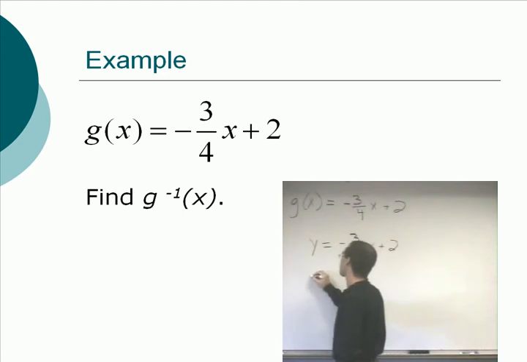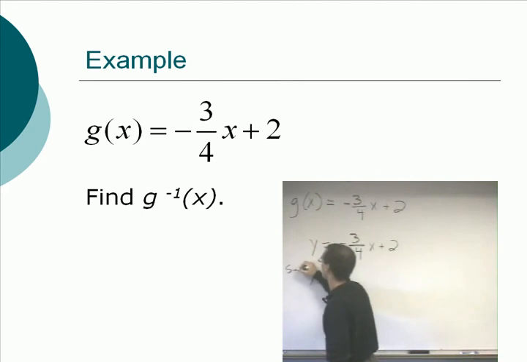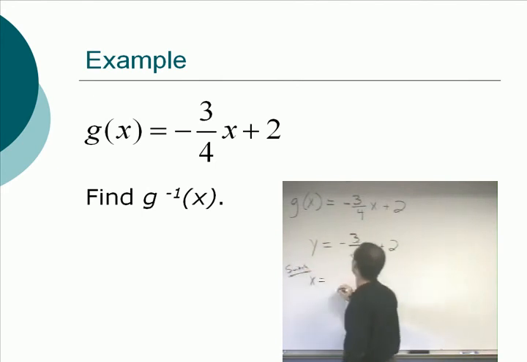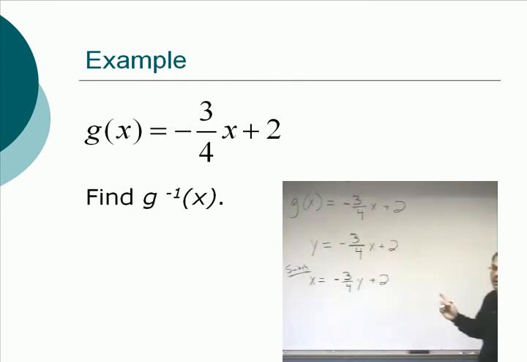Got to switch. So this becomes x equals negative 3/4 y plus 2. Now we want to solve that for y. What do you want to do? You could, or if you don't like the fractions, let's get rid of all those. Let's multiply everything by 4.